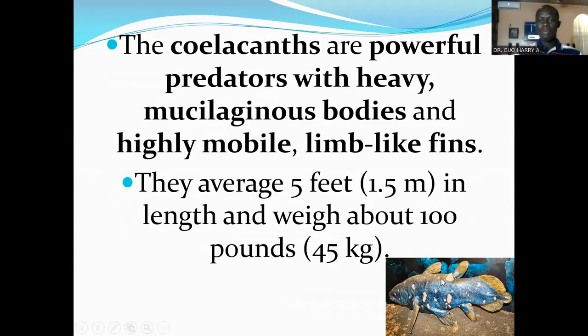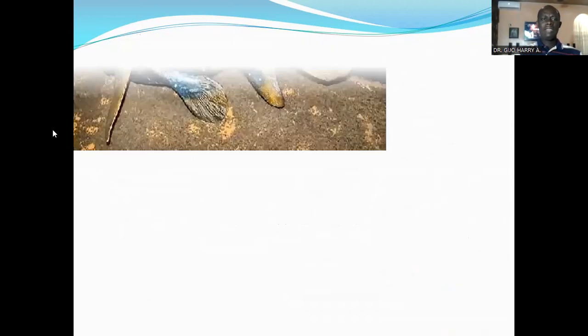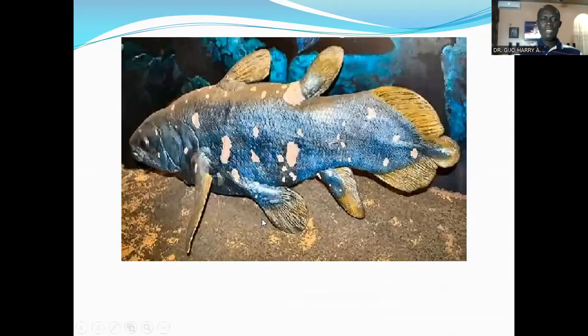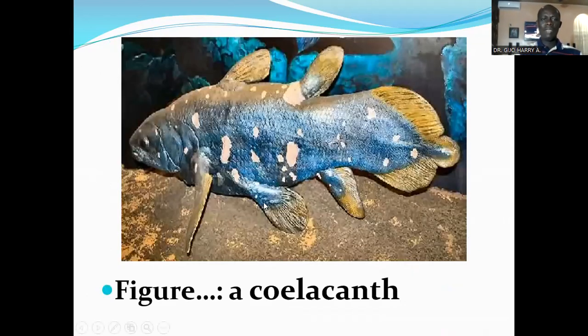They are like limbs, and they are highly mobile. They average 5 feet, that's 1.5 meters in length, and weigh about 100 pounds, that's 45 kilograms. This is a coelacanth, and just as described, it has limb-like fins.